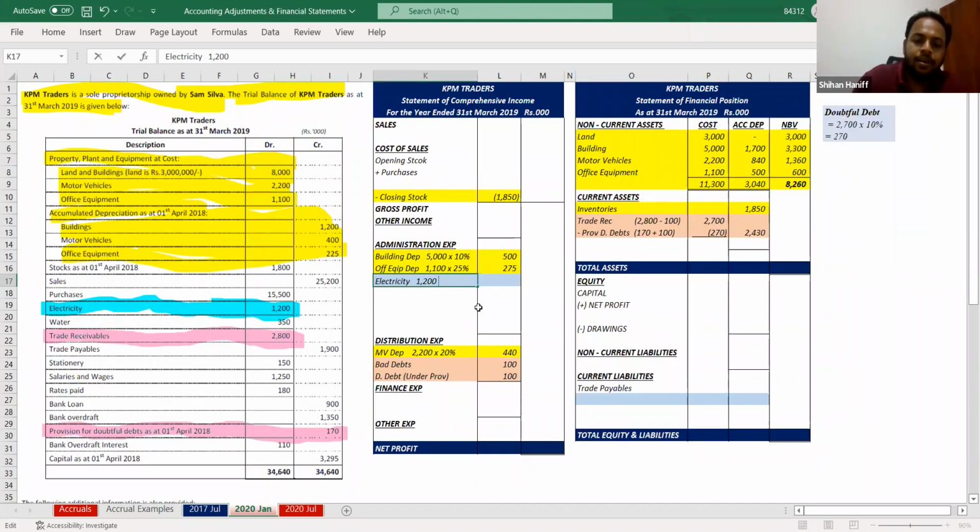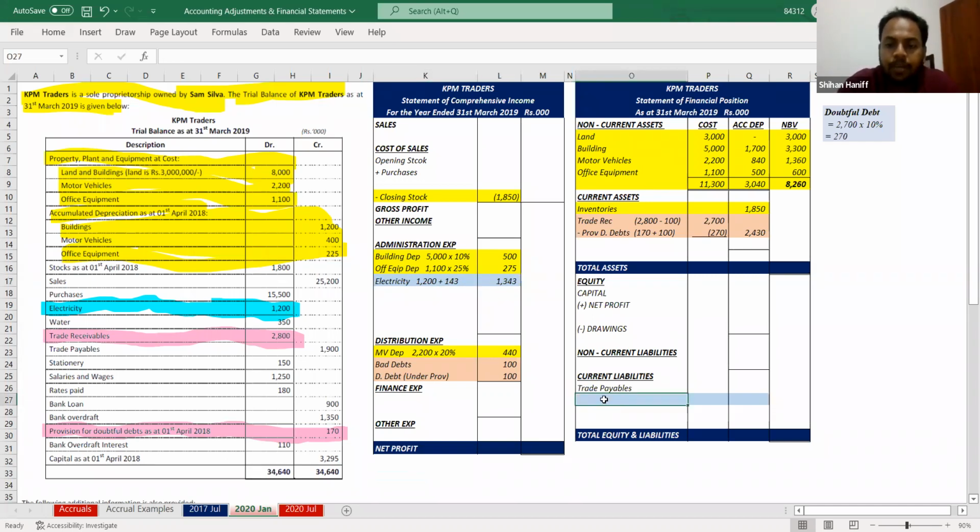We need to add 143: 1,200 plus 143. We add the payable to the paid amount and you get the total.